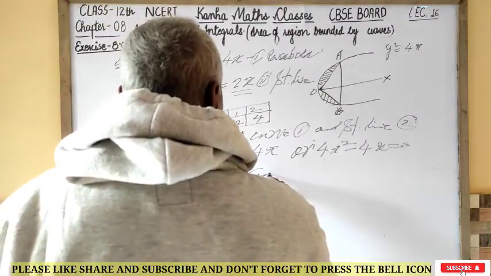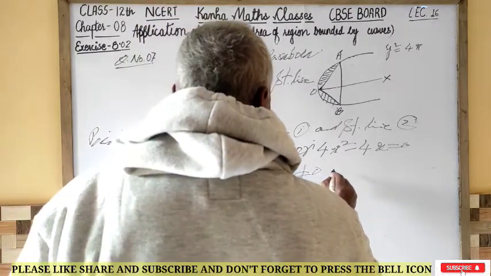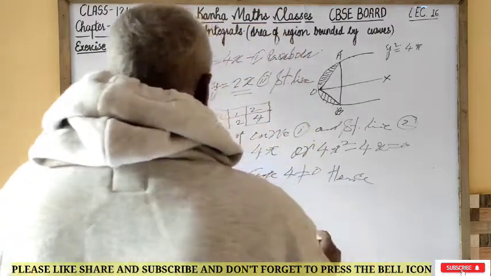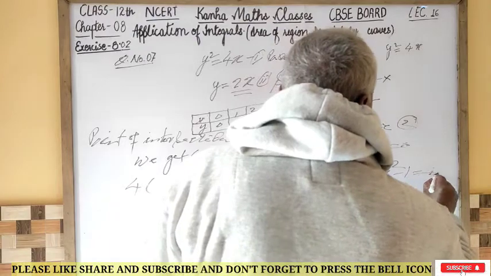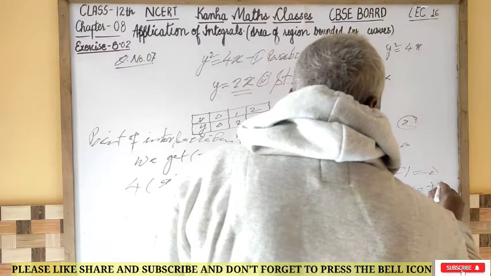Since 4 can't be 0, hence x(x minus 1) is equal to 0, x is equal to 0 or 1.